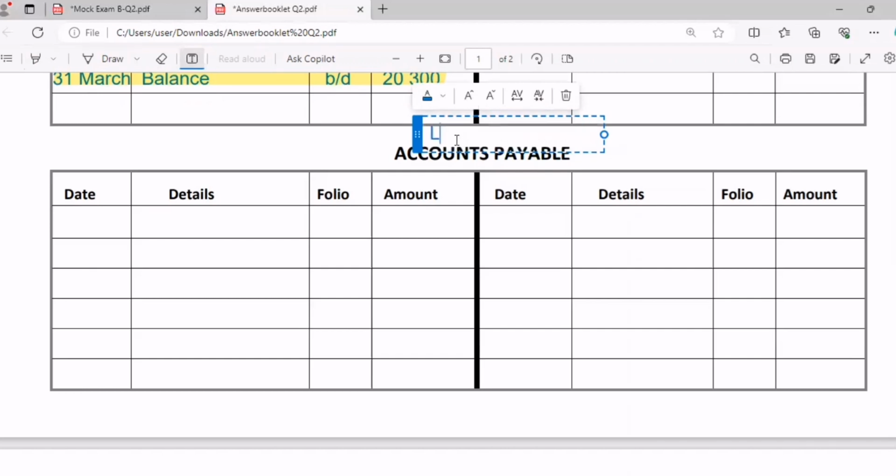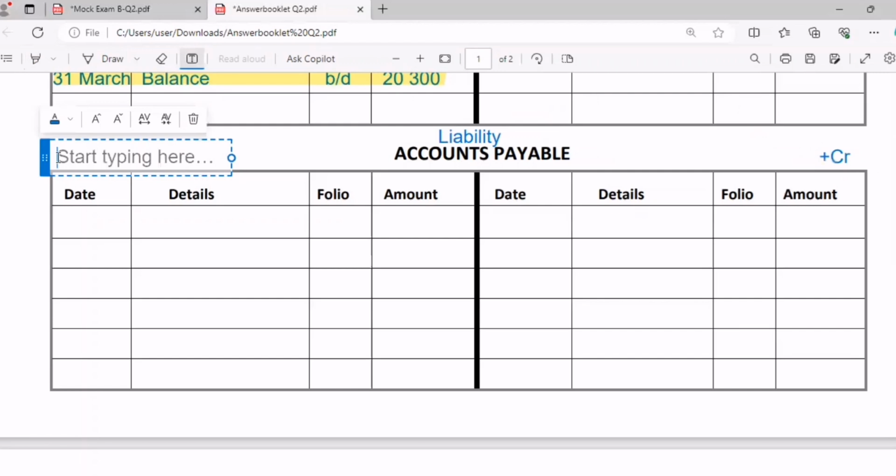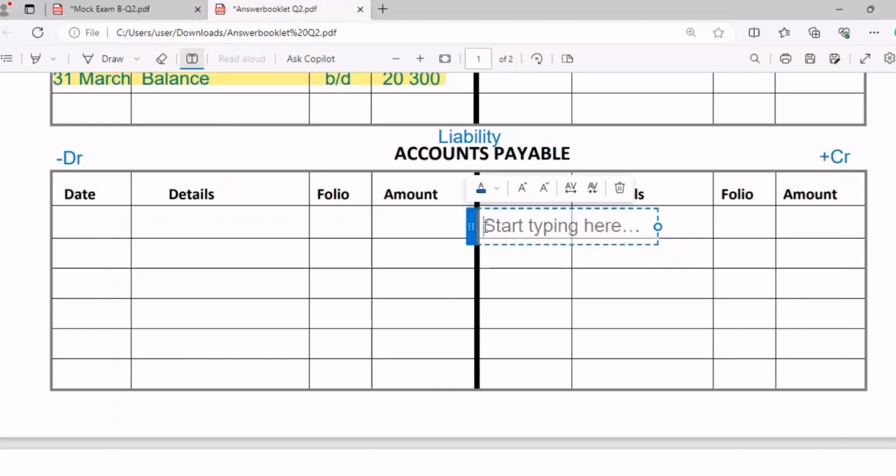So this one is a liability account. And we know that all liabilities are positive on the credit side and they are negative on the debit side. So obviously the opening balance here will be on the credit side. So all liability accounts, they've got credit balance. So the opening balance is going to be shown on the credit side.